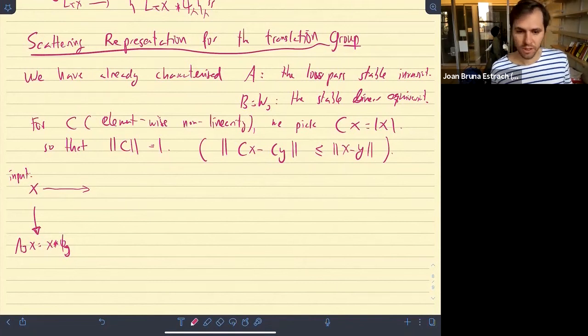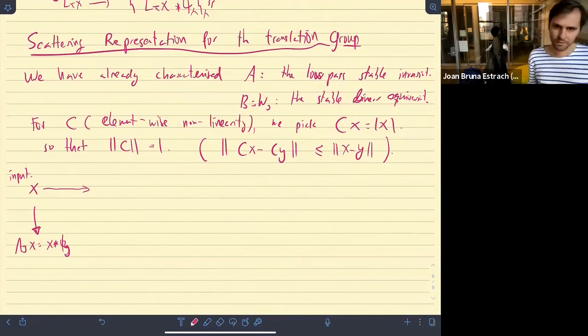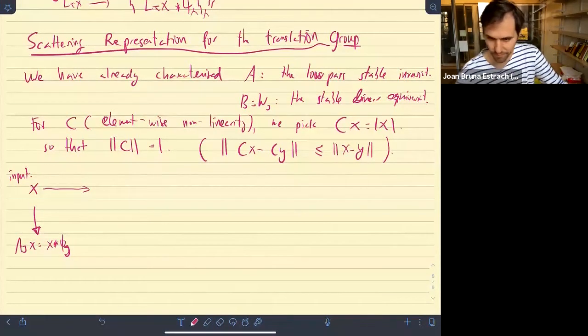Remember what we described on Thursday. What is the information that is not in the low frequencies? It's the high frequencies, right?